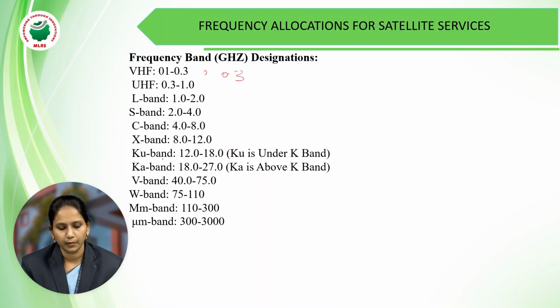Now coming to the Ku band, under the K band, the frequency is 12 to 18 gigahertz, and the Ka band is above the K band, with frequency 18 to 27 gigahertz. The V band is 40 to 75 gigahertz, and the W band is 75 to 110 gigahertz. So these are the frequency allocations for satellite communications.